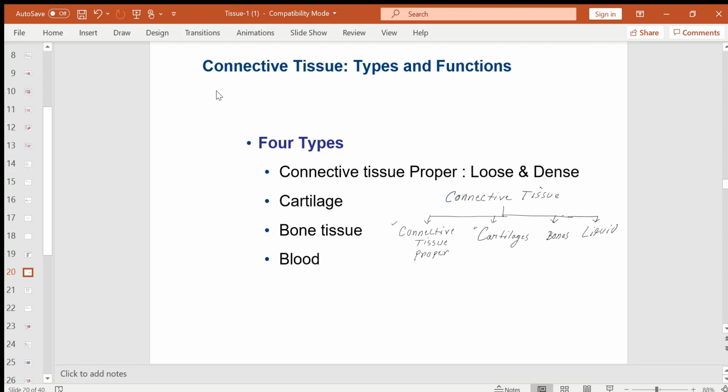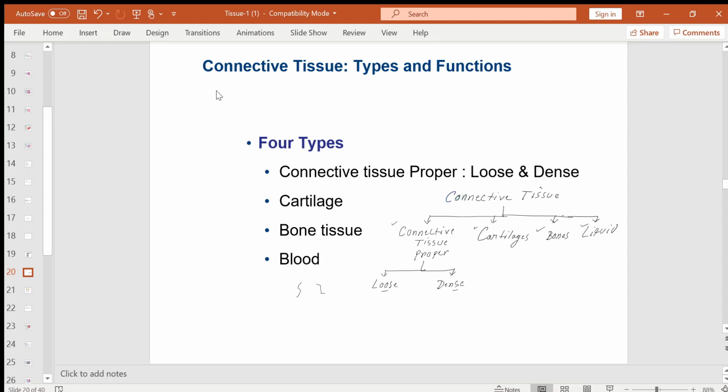Then connective tissue proper is divided into two types: loose connective tissue proper and dense connective tissue proper. The difference between loose and dense, from their names you can tell. In loose, you will see in the tissue there are few fibers or no fibers.